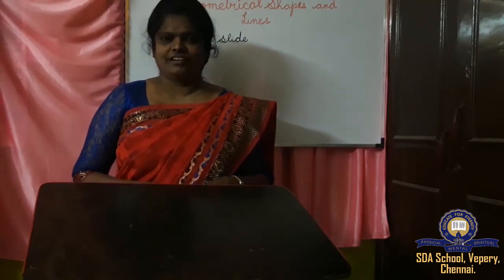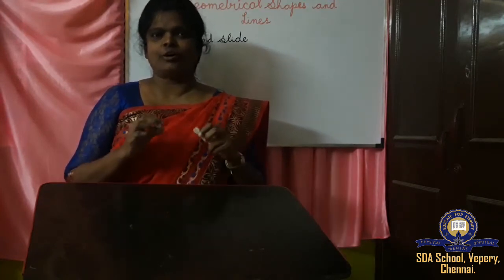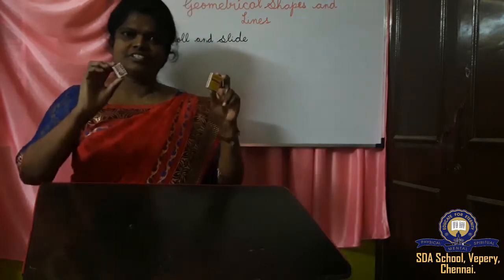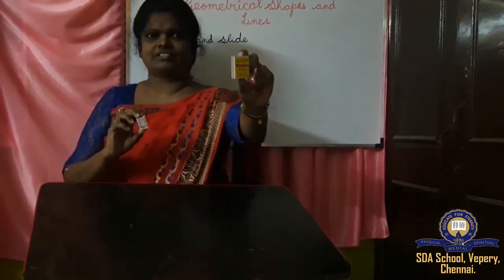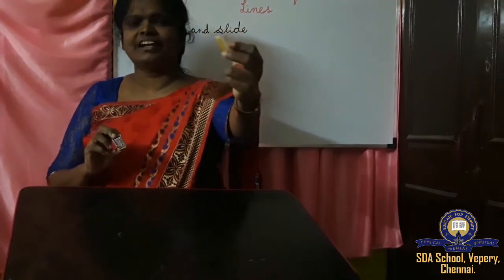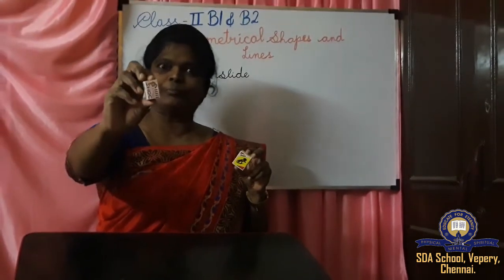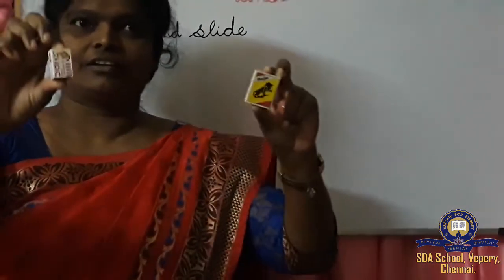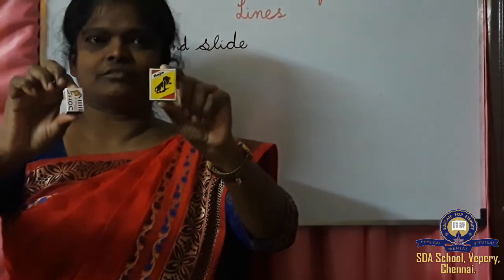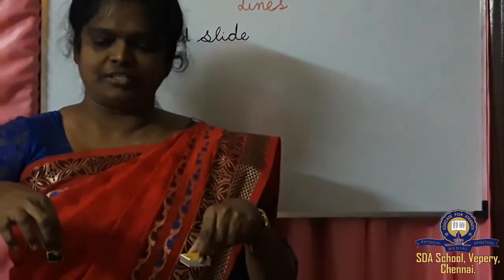Now children, we are going to see the objects which can roll and which can slide. Now see, I have 2 objects. Can you see this one? What is this? It's a matchbox. And can you see what is this? It's what you are using to sharpen your pencil, the sharpener. These 2 objects I am going to keep here, the 3D shapes.